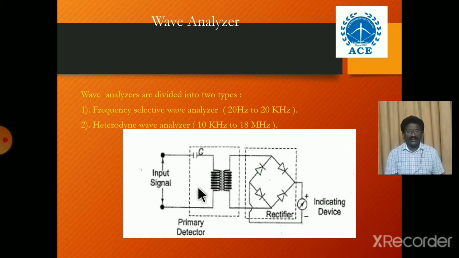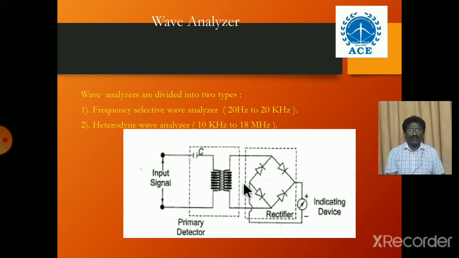This wave analyzer consists of a primary detector and a rectifier. Your primary detector is formed by a simple LC circuit. It allows only one particular frequency to which it is tuned and rejects all other frequencies, passing that frequency to the rectifier and the output device.